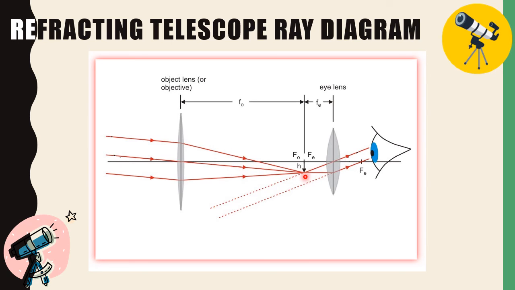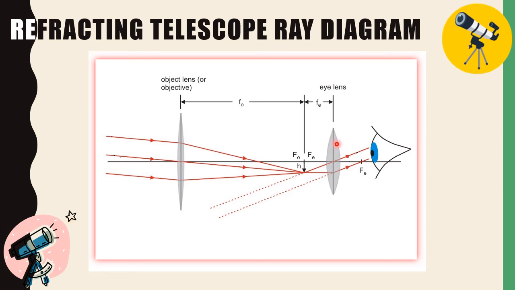So the image is formed at FO. This is because of the converging objective. Then these rays diverge. From here you see they are diverging. When they diverge, one ray parallel to the principal axis and another ray directed towards the optic center is considered.